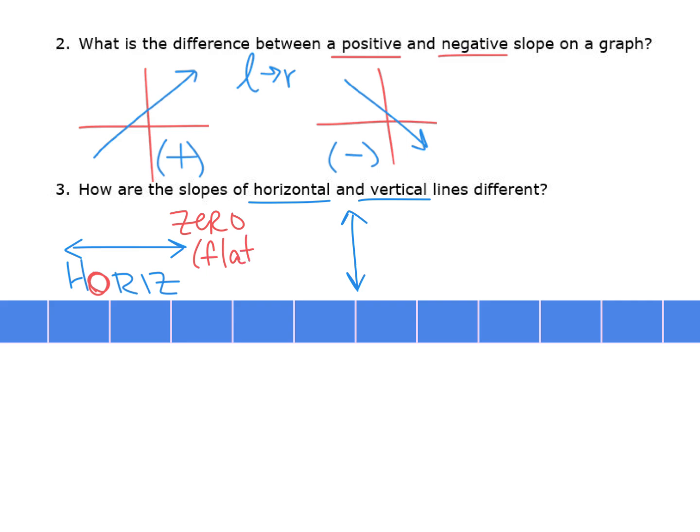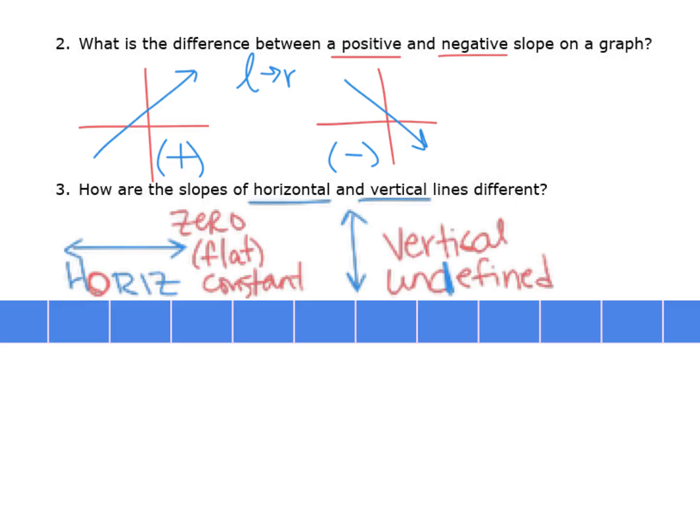It's not increasing or decreasing. It's constant. Versus a vertical. Vertical is what? Undefined. And we said we see that in the D, with that vertical line. That just means that it is going straight up and down.